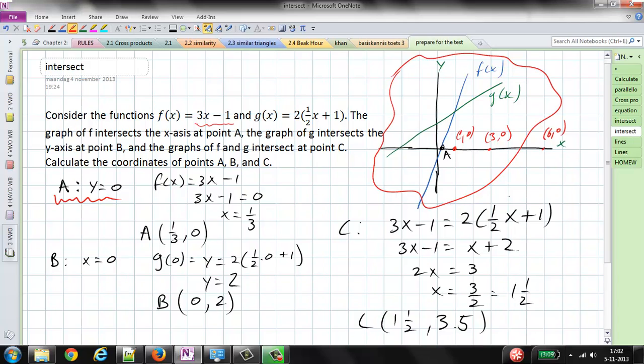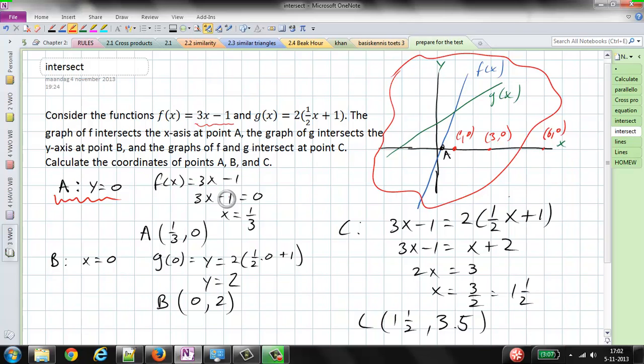Now, if y is equal to 0, and this is a line, we want to set 3x minus 1 equal to 0, because that's what we're calculating. If you're calculating the y that corresponds with a particular x, you put the x into the formula to get the y. Now the y is 0, so we're looking for the x that makes y 0.